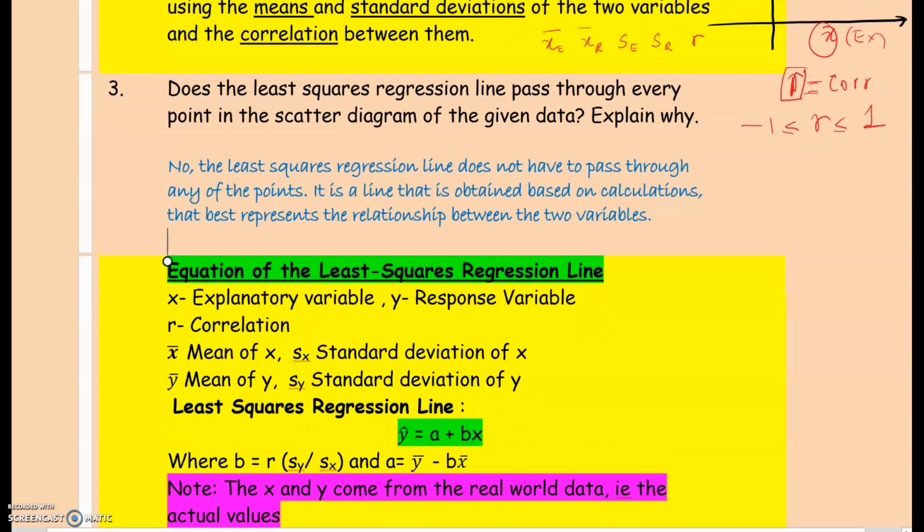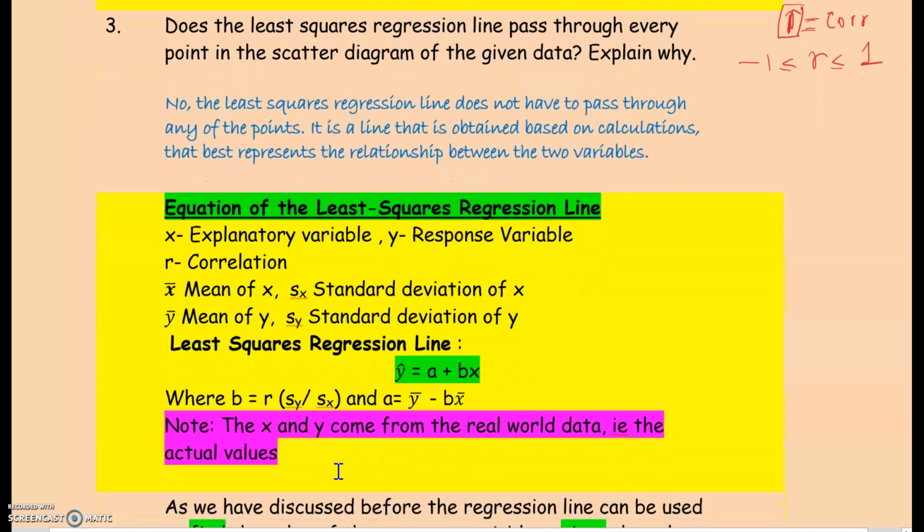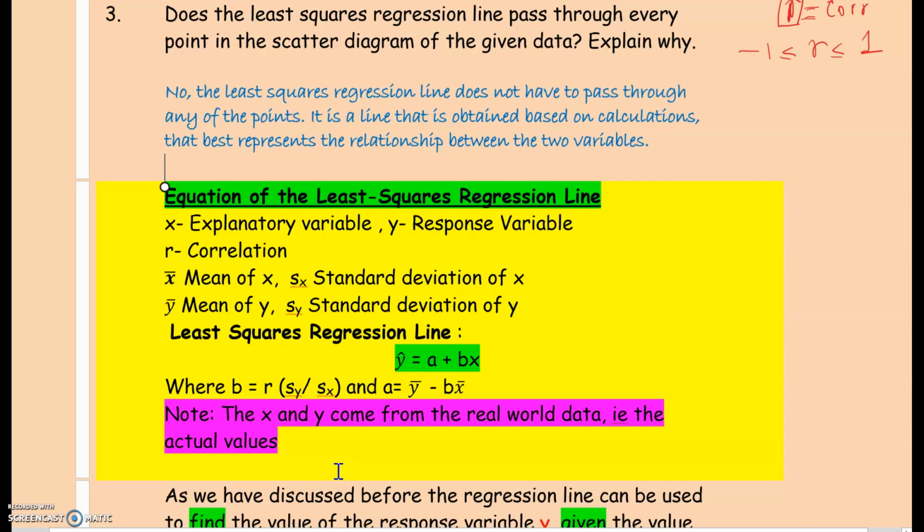You do not need to do this from scratch, but just be aware that these are the numbers that go into the calculation of the regression line.